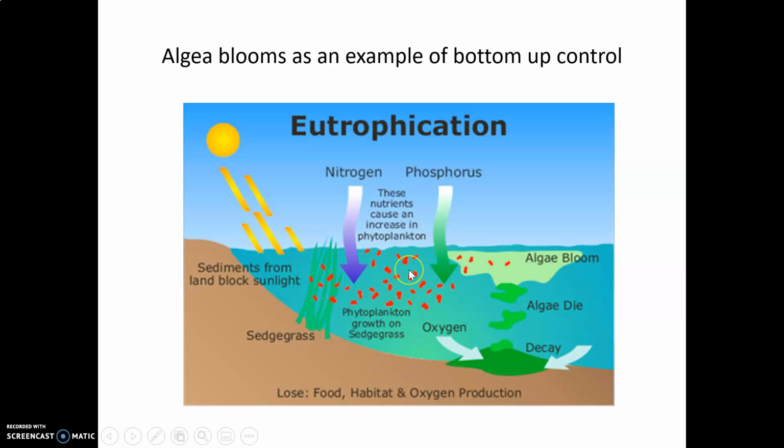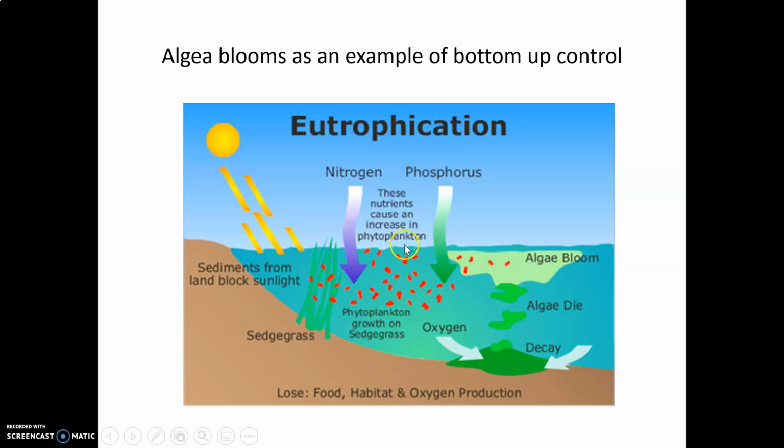So if we look at the diagram here, if a lot of fertilizer is applied on fields and enters, like in this case, a little pond through the water leaching into this little pond, then a lot of inorganic nutrients would end up in the pond, and the phytoplankton, the microscopic algae living in the pond, would take up a lot of these nutrients.